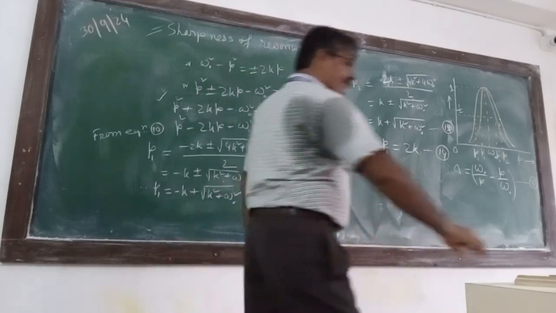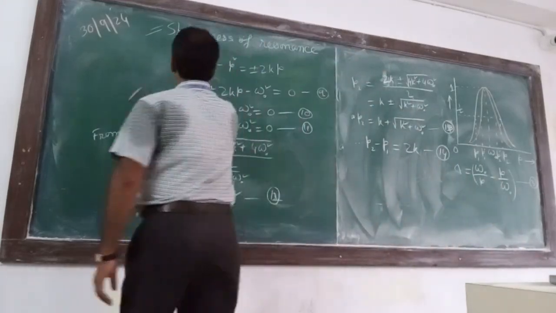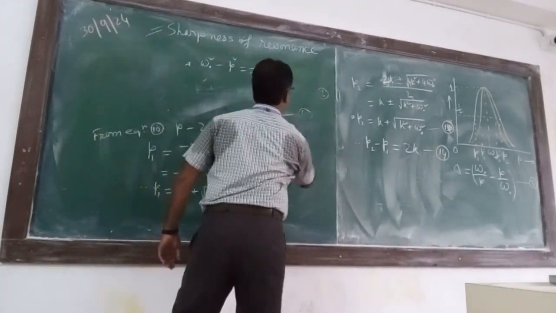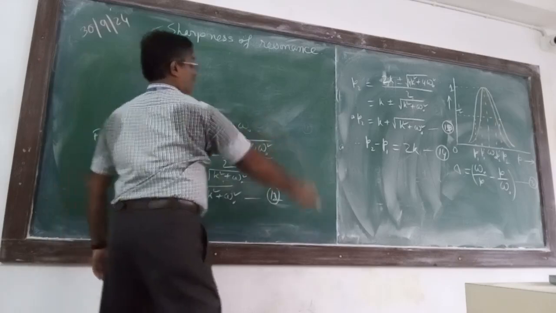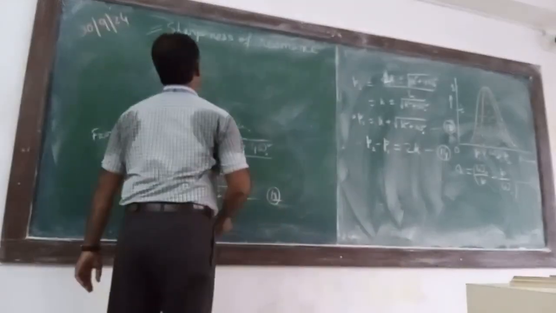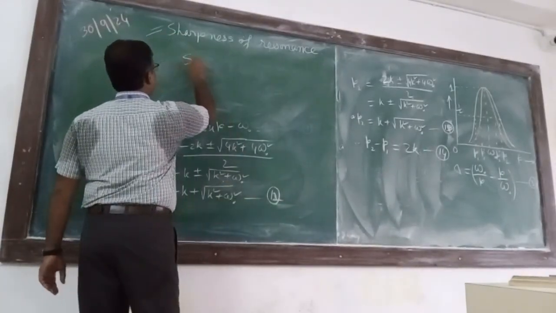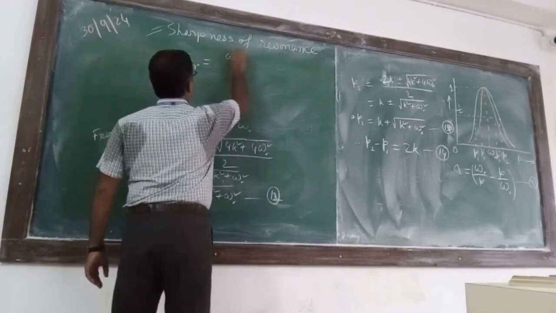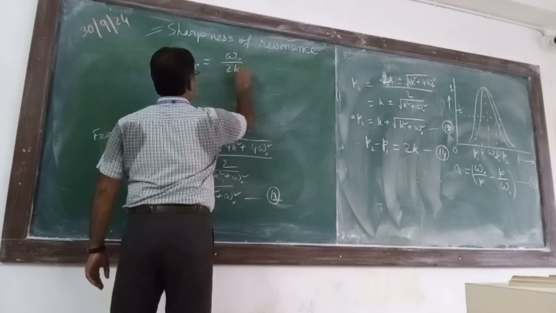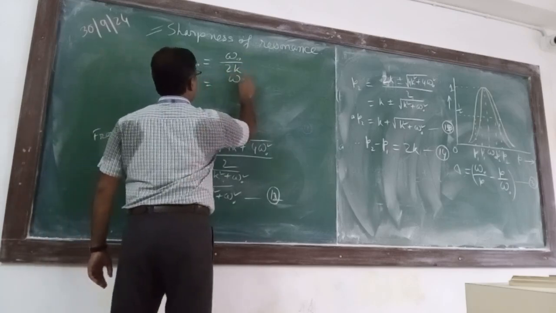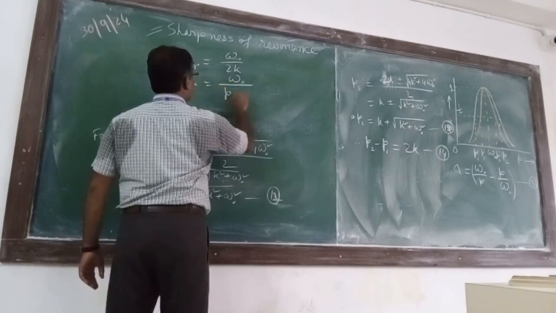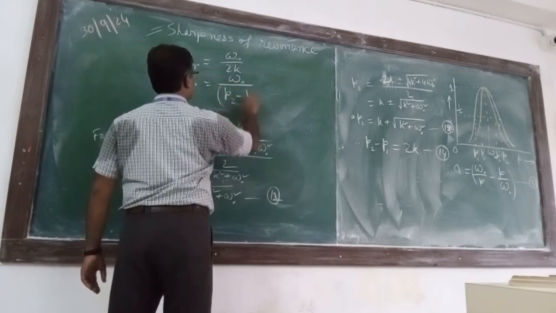Therefore, the sharpness of resonance, SR, equals omega naught by 2k, or SR equals omega naught by P2 minus P1.